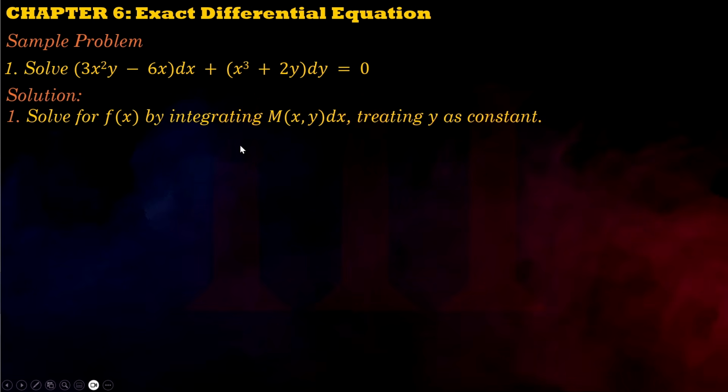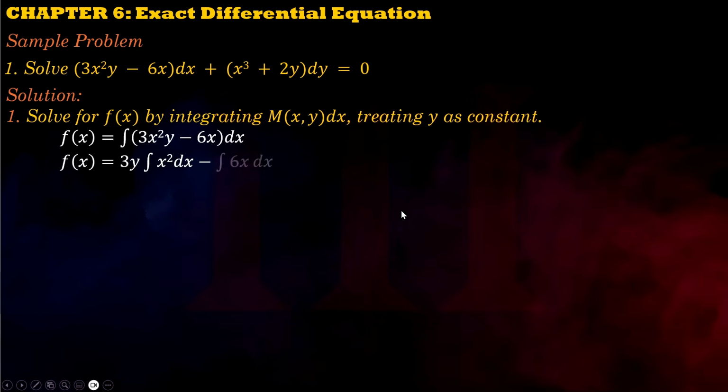So our f of x would be, let's integrate this term, 3x squared y minus 6x dx. And then maybe we could factor out the constants, which are the y and also the 3. So we will come up with 3y times the integral of x squared dx, and also the integral of 6x dx.